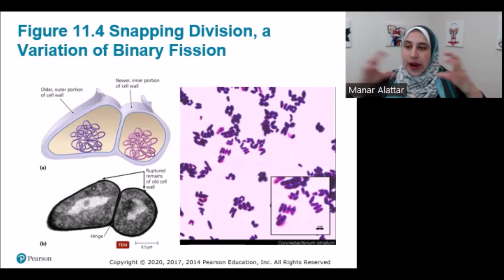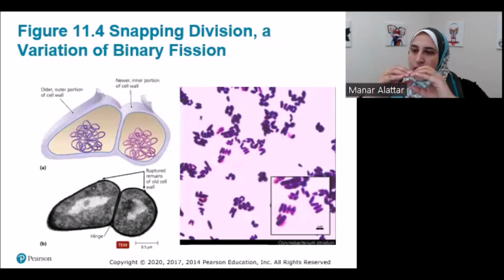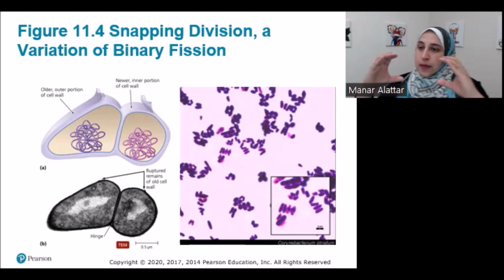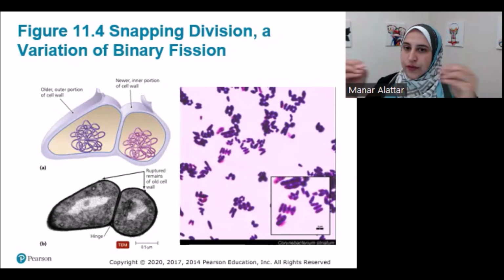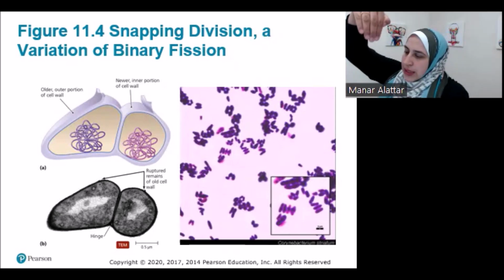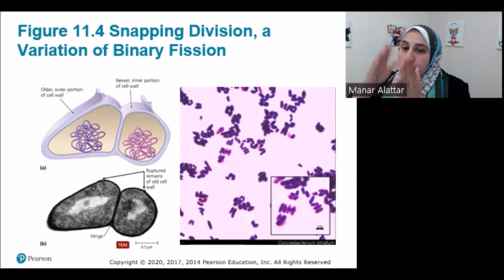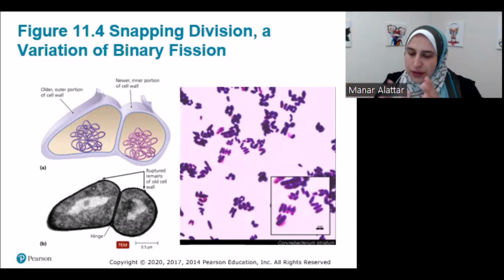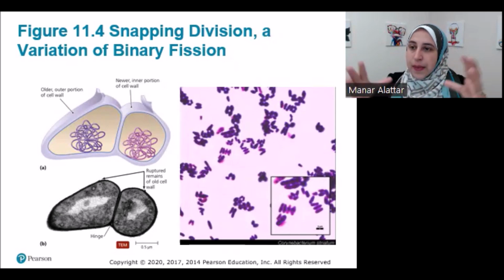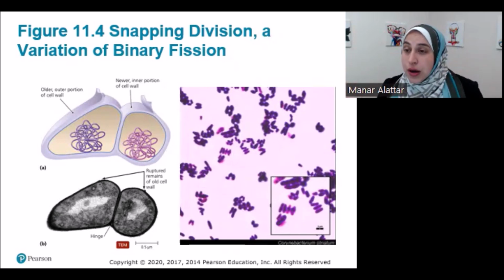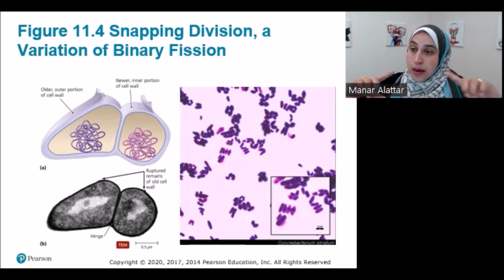In this case, the parent cell, instead of elongating a little bit and then dividing in the middle at a cleavage point, does replicate the genetic information and allow it to move to the poles, but the cell wall actually begins to form within the middle of that cell and builds up and builds up, and that puts pressure on the original parental membranes and cell wall until they just snap.